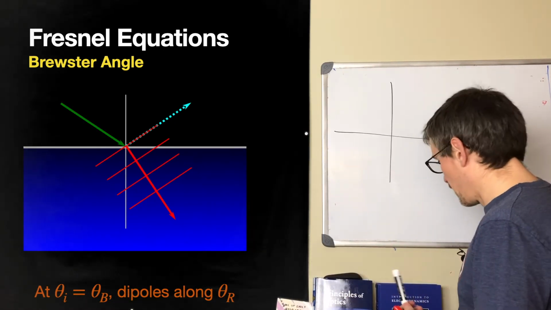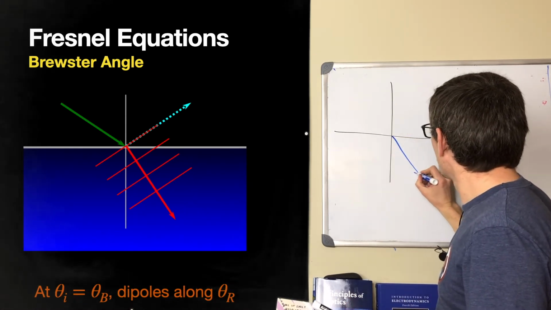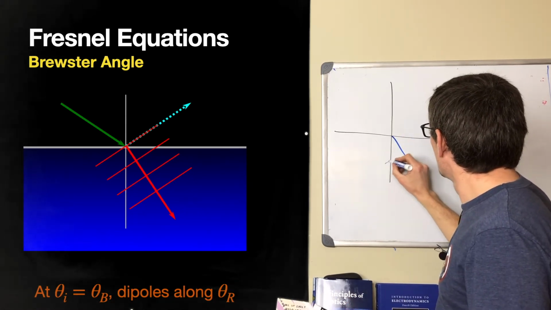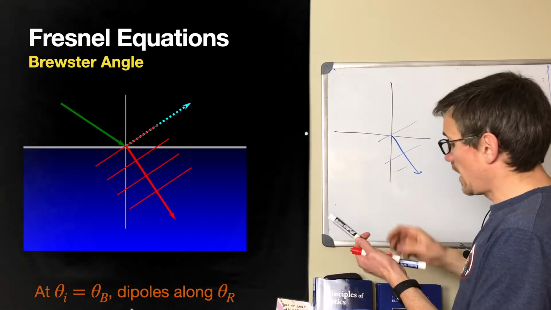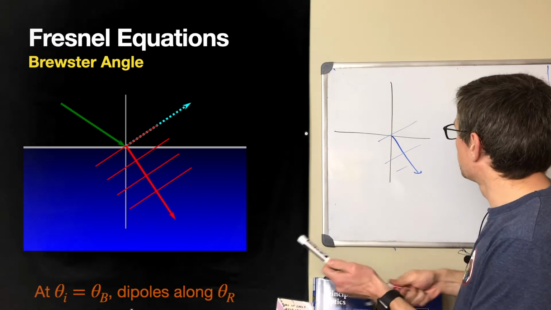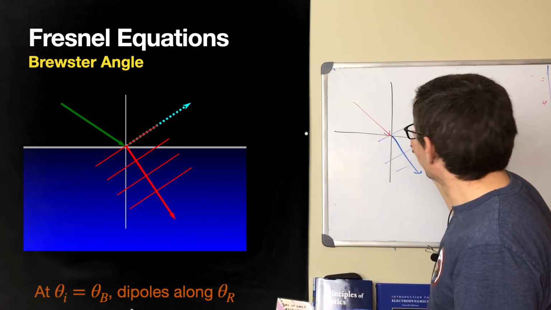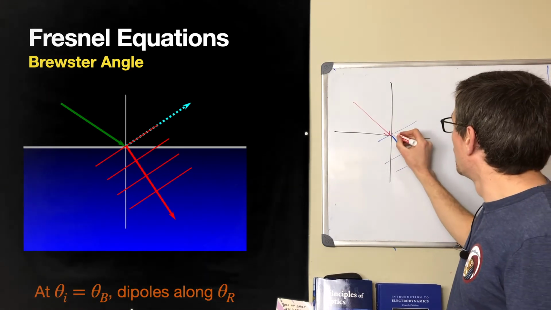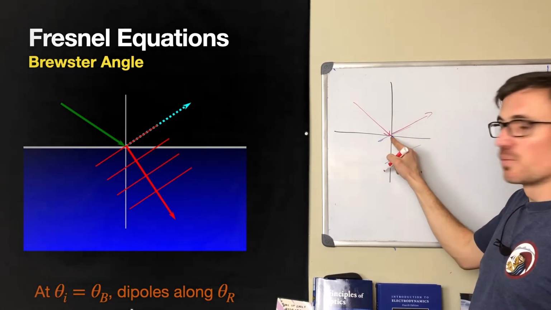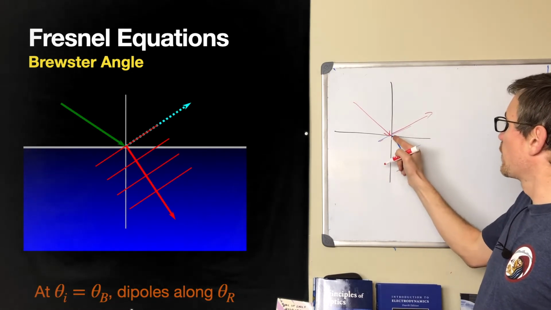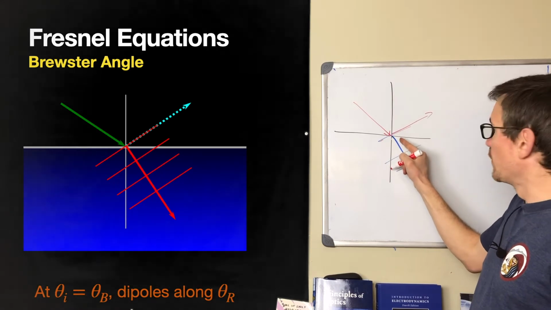So we have our field like that, and it has its electric field vectors this way. We have our incident light this way, and for our Brewster angle, that will be directly in line with the direction of the electric field of the generated fields by the medium, right?